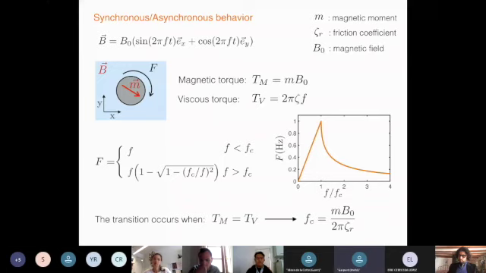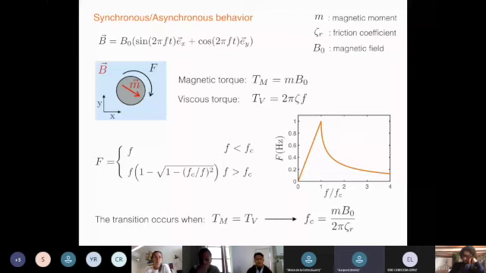What happens is that at low frequency, your colloid will rotate synchronously with the field. It will just follow the field, and the frequency of rotation of the colloid will be equal to the driving frequency F. Then at some point, the viscous torque is so important that your colloids can no longer follow the field and start to lag, so start to have an asynchronous behavior, and your frequency big F starts to decrease with the driving frequency.